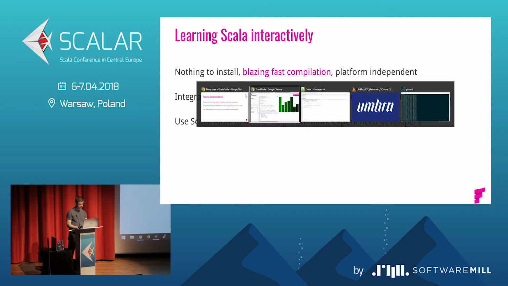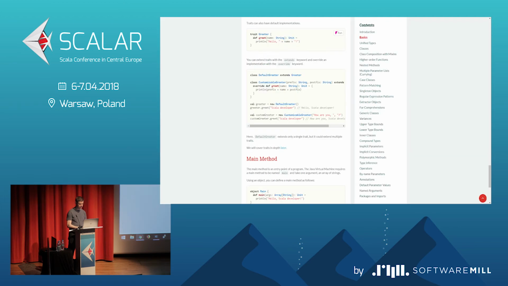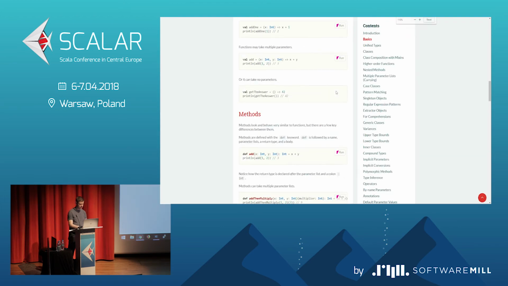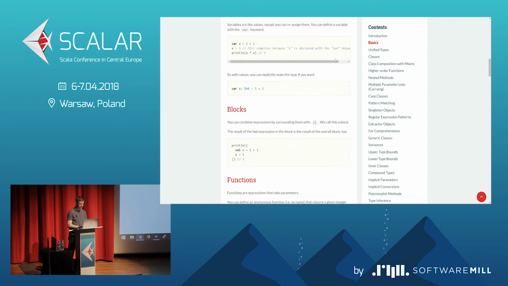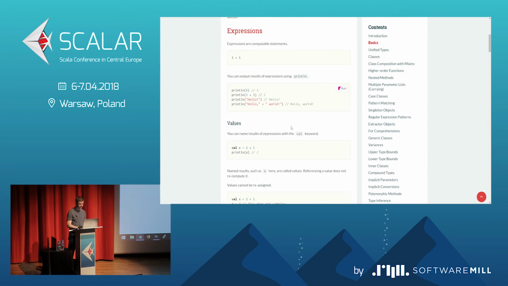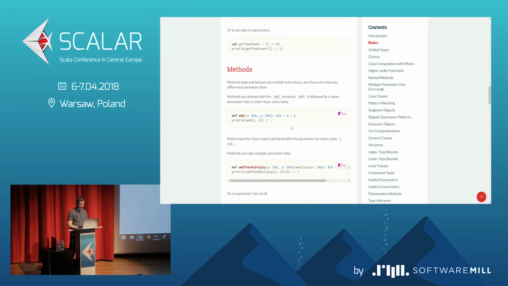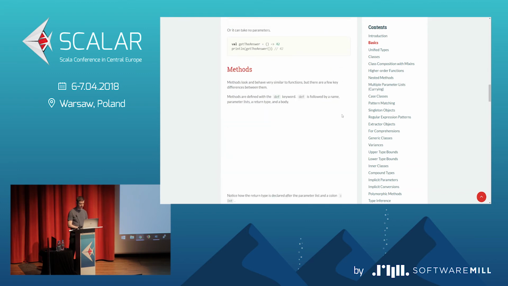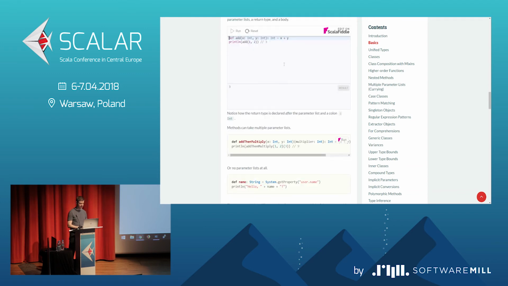Let's look at a short example. So this is the main Scala documentation page, and there are some integrated fiddles in here that you can just run and experiment with. So these are now running in the real ScalaFiddle server. So again, you can do this.